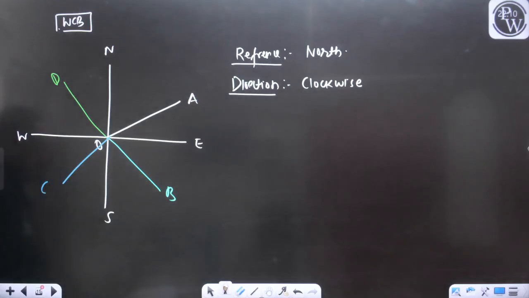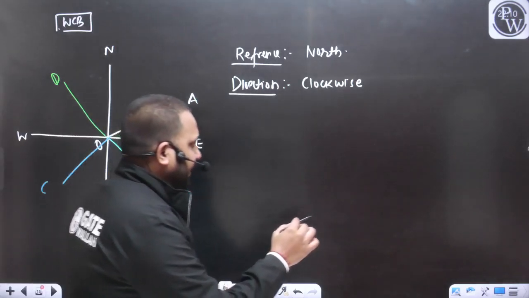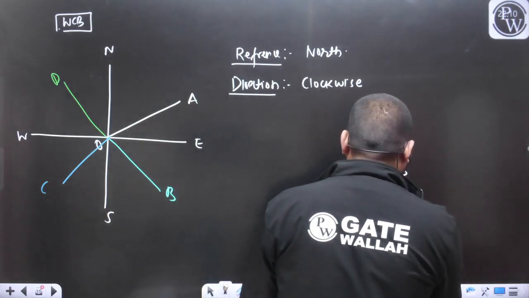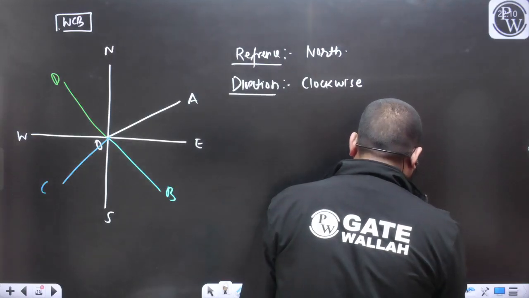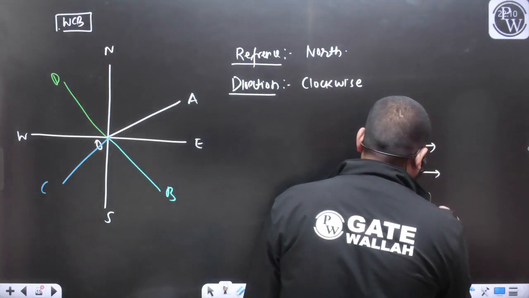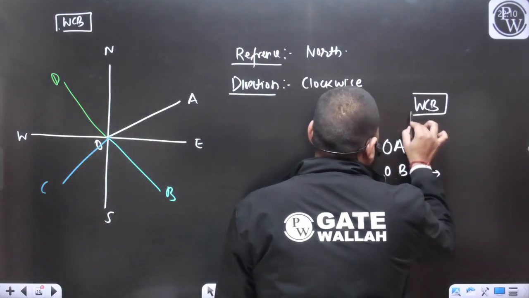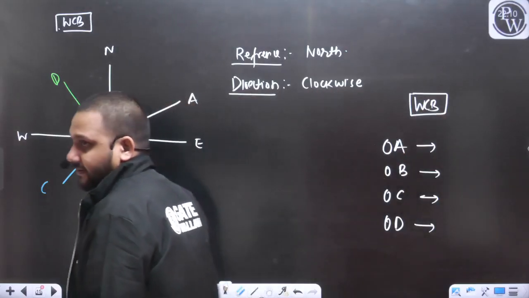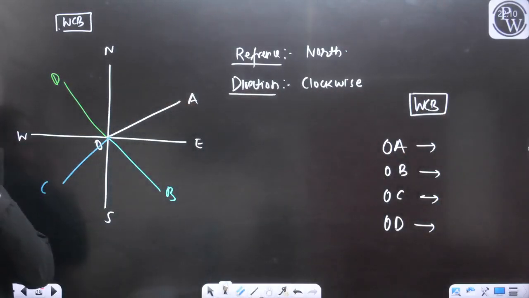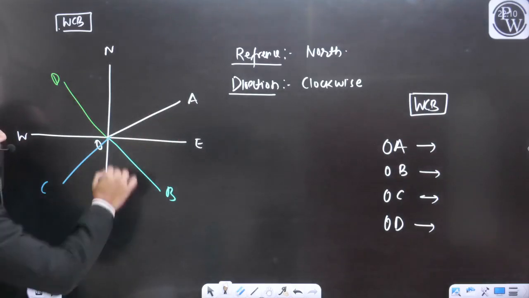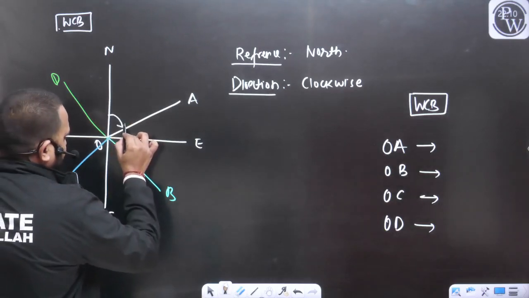So for example, if you want to define the bearing of the lines OA, OB, OC and OD in the WCB system, how can you represent the bearing? Let's see. For the line OA, we will measure the angle from the north in the clockwise direction.